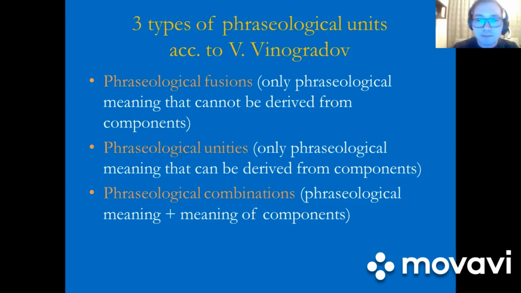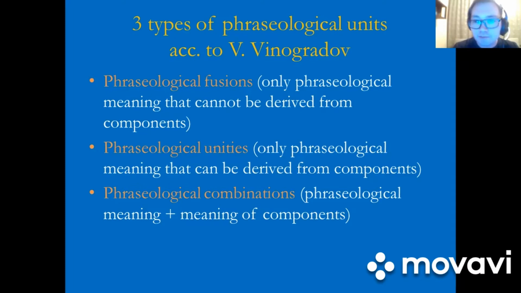The second type is phraseological unities. They are the set expressions that have only phraseological meaning as well, but their phraseological meaning can be derived from the meaning of the inner components.